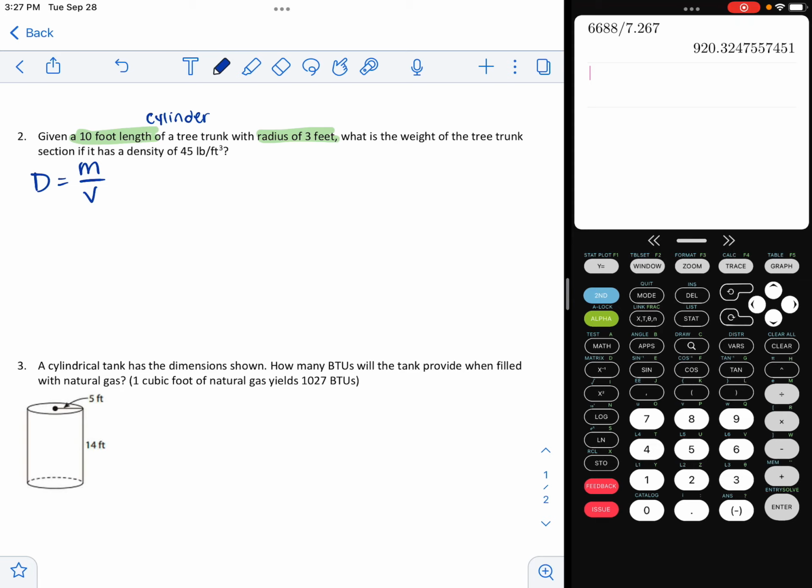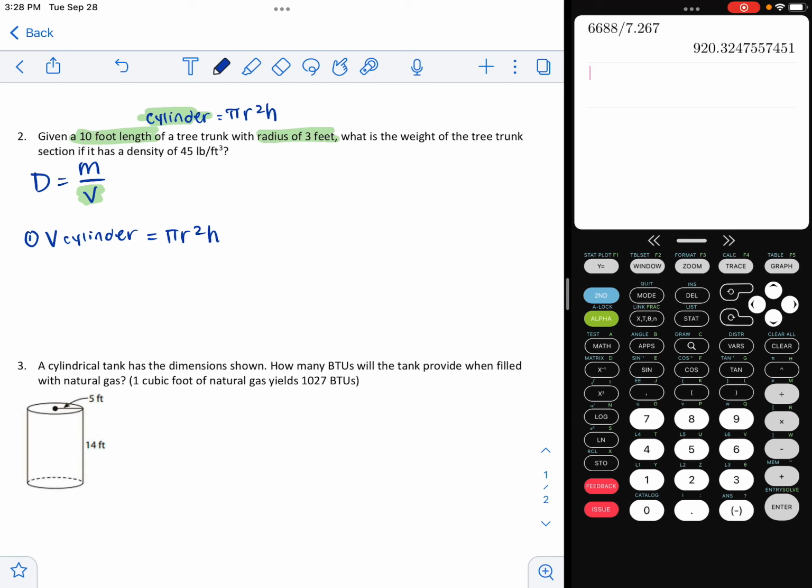I'm given here length and radius, but what I really actually want is volume. So remember, to find the volume of a cylinder, we use the formula pi r squared h. So step 1, we're going to have to find that volume. Volume of a cylinder, pi r squared h.